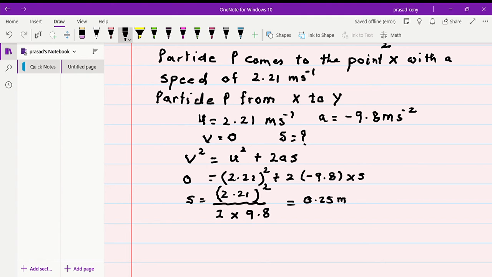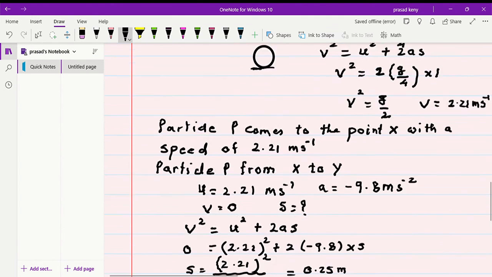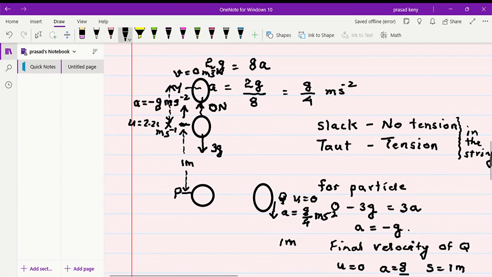So the particle P will travel an extra distance of 0.25 meter from this point X to the point Y. So this extra distance from point X to point Y will be 0.25 meters.